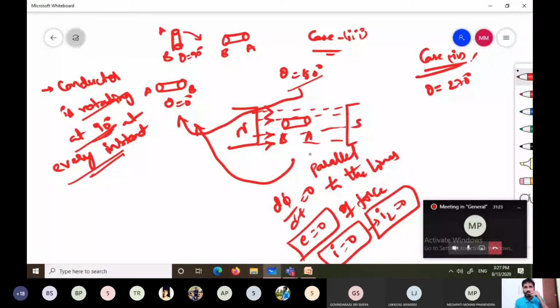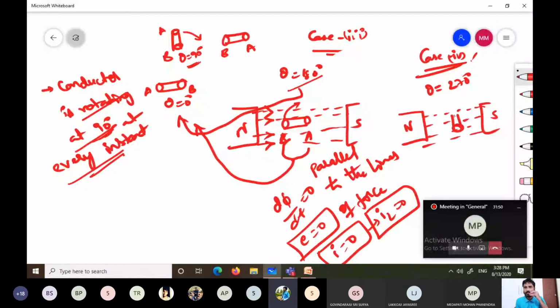That means the conductor is rotating clockwise by 90 degrees. That means it is opposite to the 90 degrees position. Am I correct or not? θ equals 270 is opposite in direction to θ equals 90. Yes, sir.